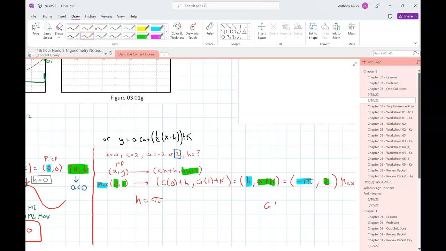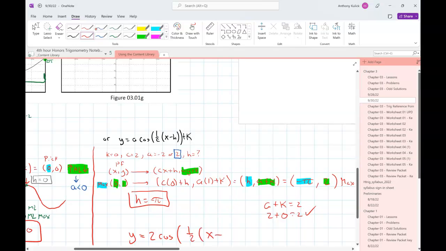Now I don't need that for anything because I already know that A is 2 and K is 0, but that matches up perfectly with what I would expect. Just to show you that everything makes sense, A plus K should equal 2, and they do. We already knew A and K, so we just had to plug them in. So of the infinitely many answers I could have had here, this is one of them.